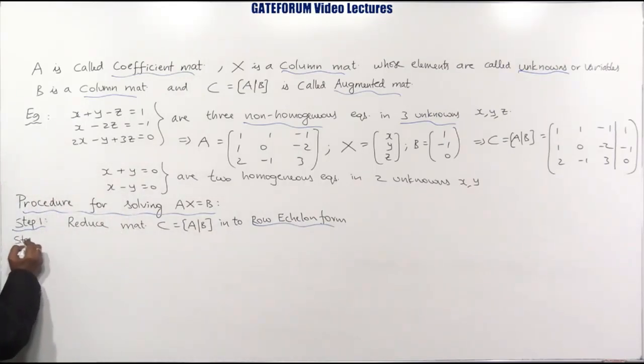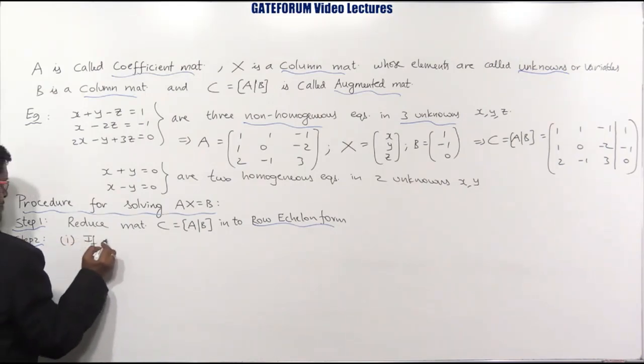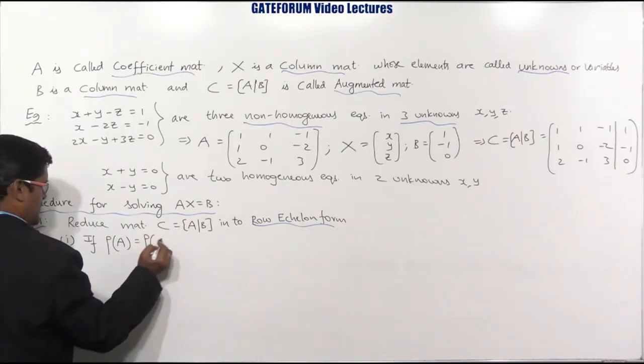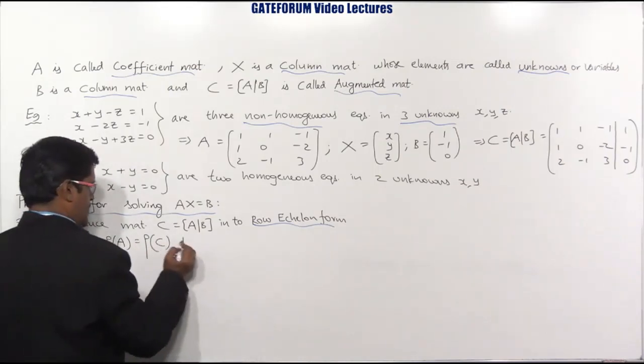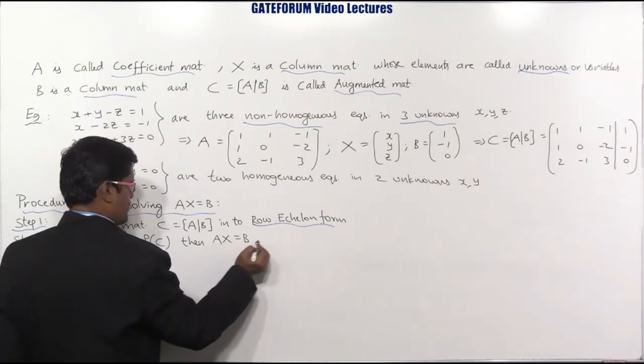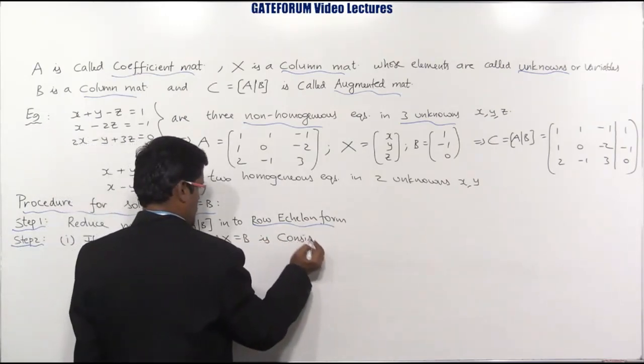Step 2. 3 cases. Number 1, if rank A is equal to rank C, then Ax is equal to B is consistent.